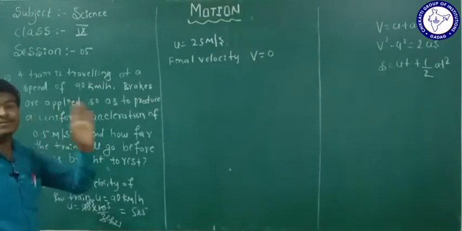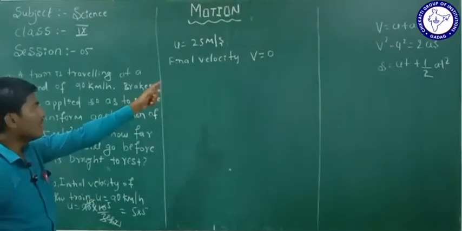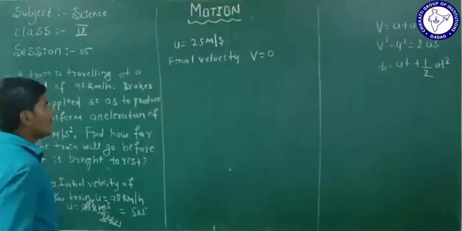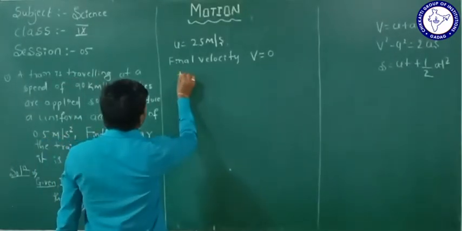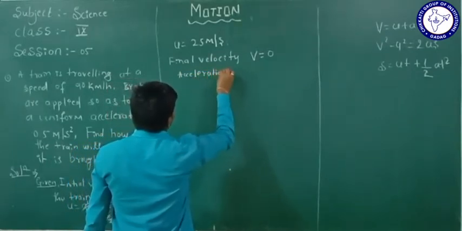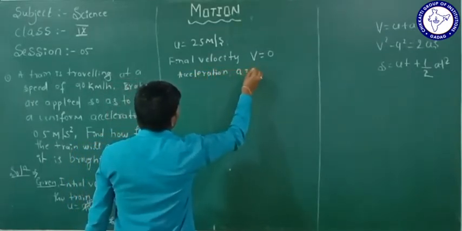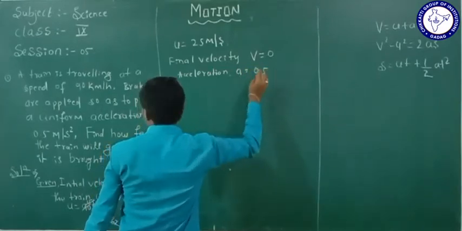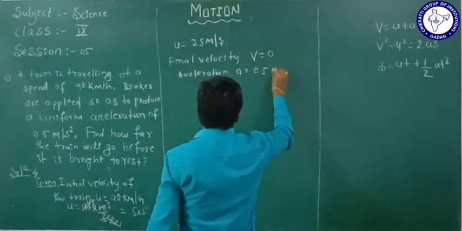After some time it is going to be at rest. So the final velocity of the train is v is equal to 0. Then the acceleration of the train is given, a is equal to 0.5 meter per second square.